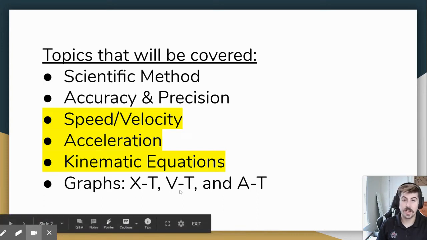Position time graphs, velocity time graphs, and acceleration time graphs.